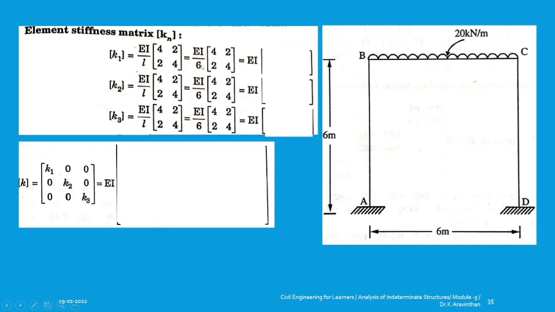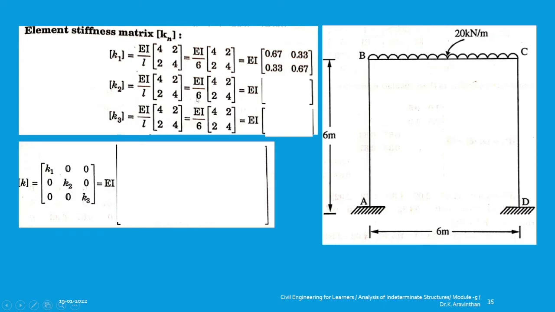Now you can divide this 6 into each and every component. So 4 by 6 will become 0.67. In the same way, 2 by 6 will become 0.33. The second member B to C also has 6 meter length, hence your K2 and K3 will be the same.